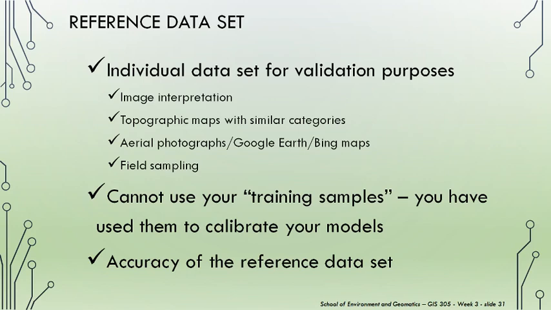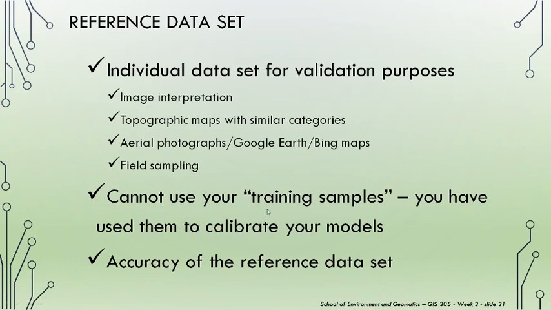Your validation samples can be gathered directly from image interpretation, and this is quite common, or from other maps, such as topographic maps with categories that are similar to your classification, or from aerial photographs that are easier to interpret than some of the coarser remote sensing images, or Google Earth, Bing Maps, or in many cases, in classic remote sensing cases, you'll have field samples with GPS coordinates that you can associate with a given pixel in your image.